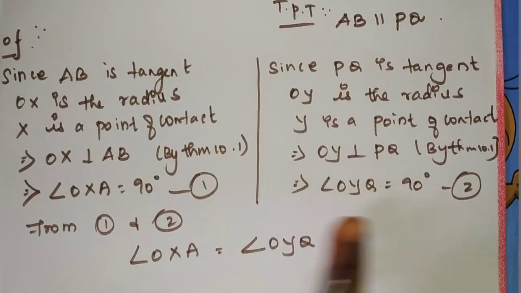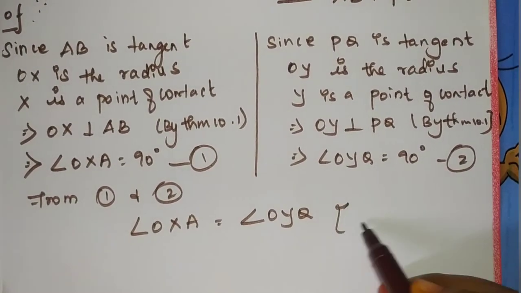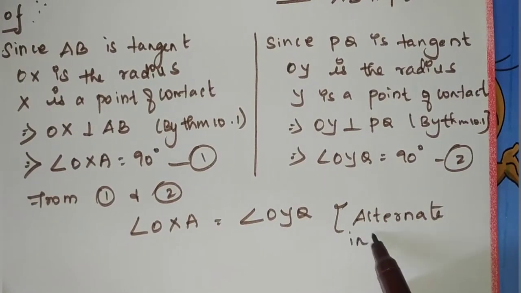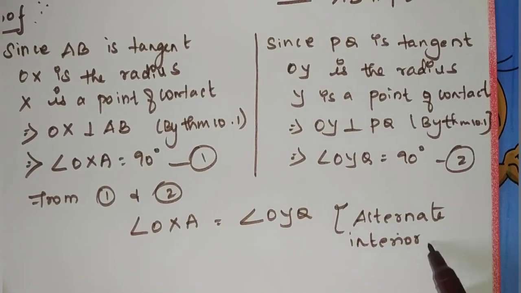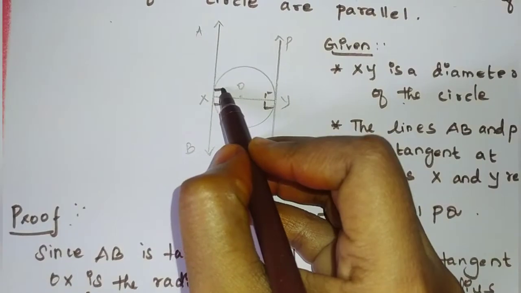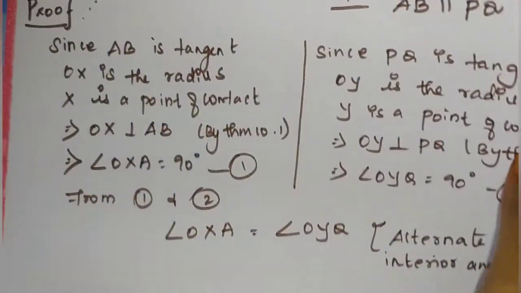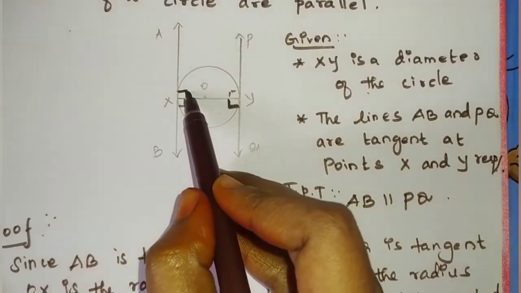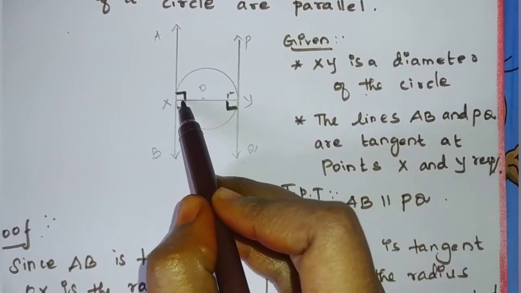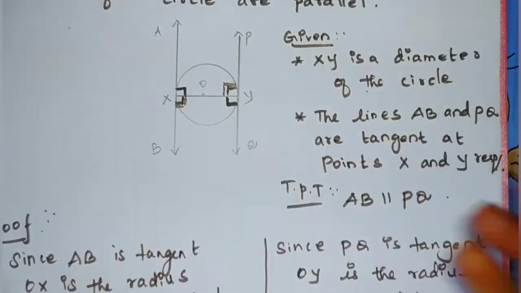Both angles are equal. Since both angles are 90 degrees, they are alternate interior angles. Clear, children? So now we proved that this angle is equal to this angle. Since this is 90 degrees, this one is also 90 degrees. So I can tell that this angle and this angle are also equal.